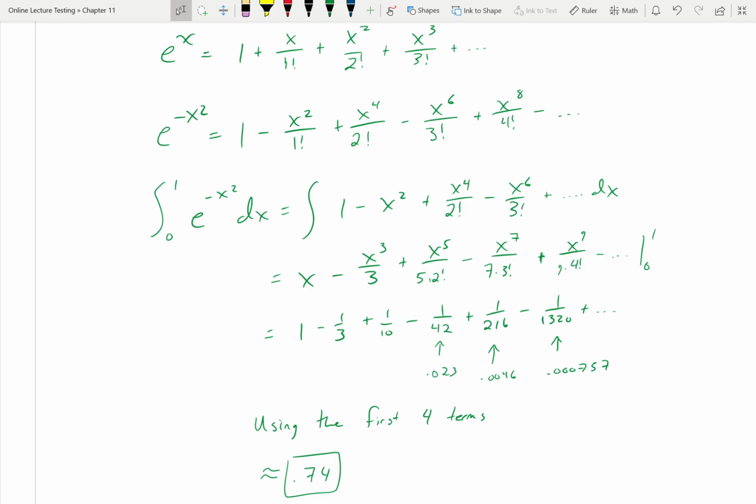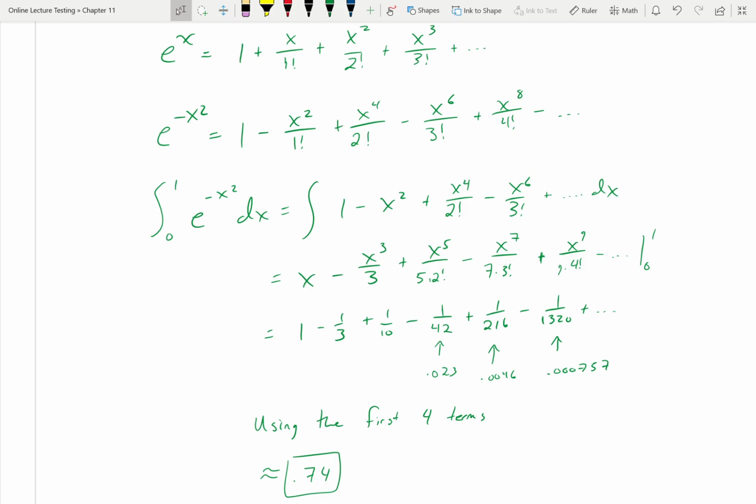You'll see my notes are already pre-written, so I will be posting a video tomorrow going over 11.11. And so the main goal we have now established is we can use these as approximation tools with a high accuracy if we wanted to.